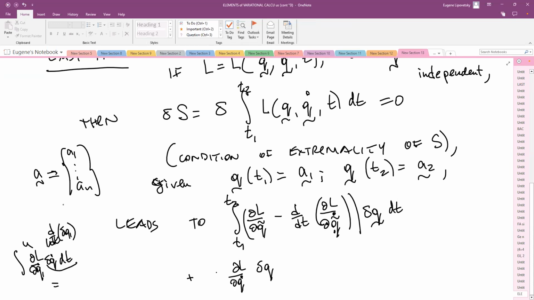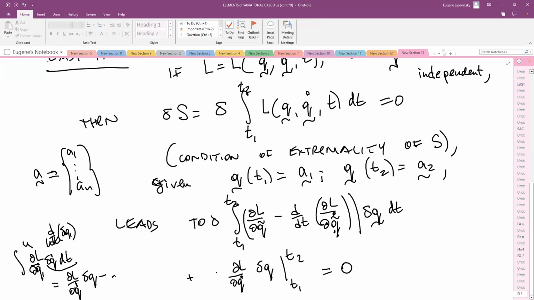So that became uv, dL over dQ dot times delta Q. All right, that's fine. Minus, all right, okay, got it. That's exactly what I wrote here, and that's from T1 to T2. And that is supposed to be equal to 0.